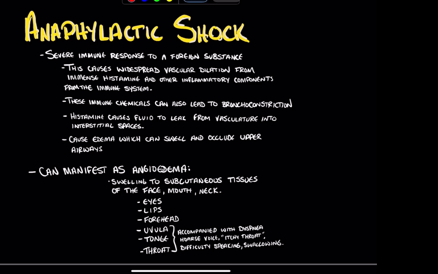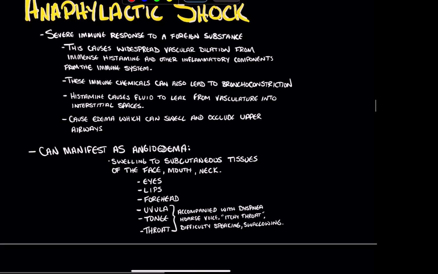With anaphylaxis, however, these immune chemicals, histamines, will also lead to bronchoconstriction. So if you think of people with anaphylaxis, you always think of them wheezing, or they can't breathe, or their throat's getting tight, right? Histamine also causes fluid to leak from vasculature into interstitial spaces. We talked about that just on the last slide. And it can also cause edema, which will lead to swelling in the face and upper airways, which is obviously a risk when we're managing the airway, breathing, and oxygenation of a patient.